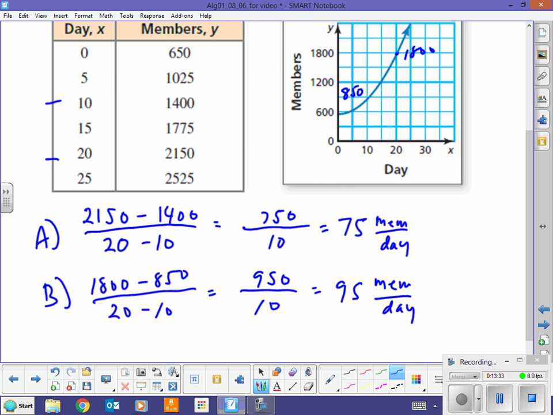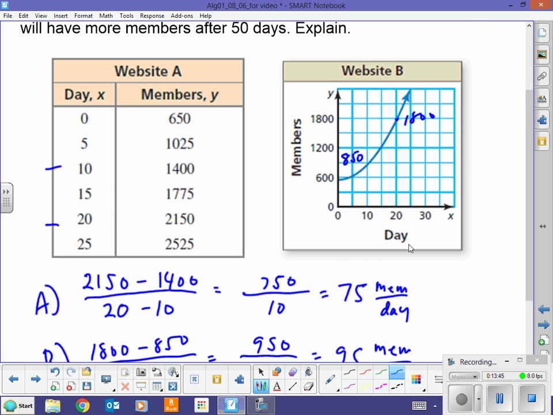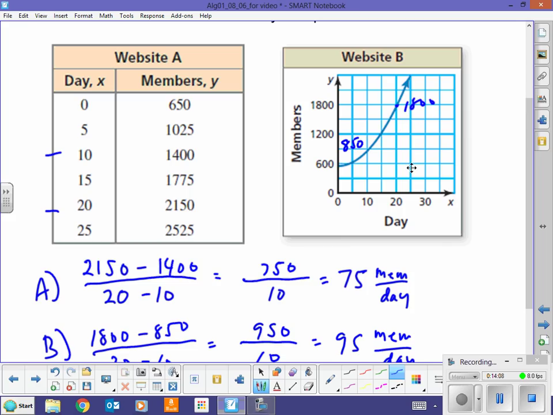Then the second question says, predict which website will have more members after 50 days. We can see after 25 days, this one's at 2525, and this one is at about 2400. So we're about equal after 25 days.